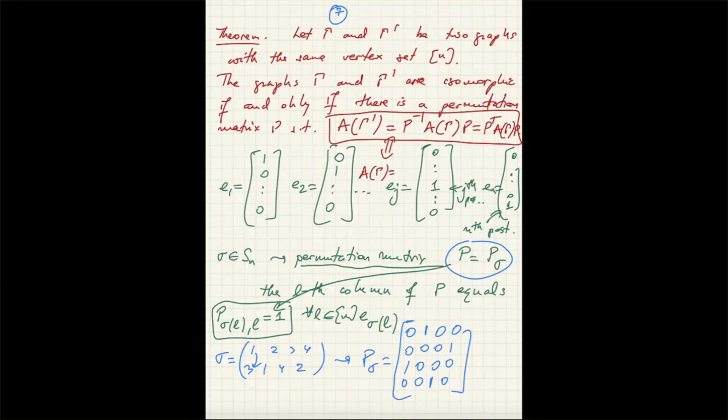A gamma equals some permutation matrix, maybe not the same as P, but if you... right, it is A gamma equals P transpose A gamma prime. No, it's P times A gamma prime times P transpose, something like that.